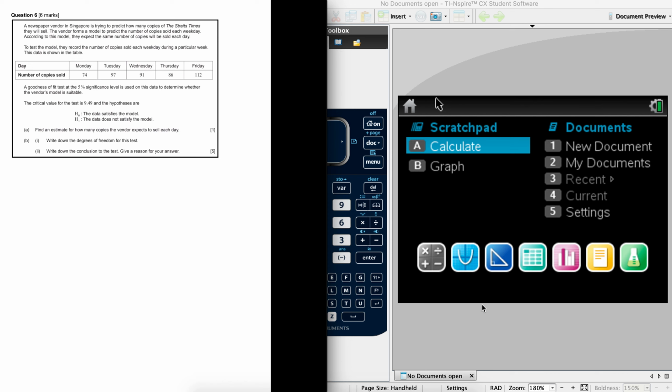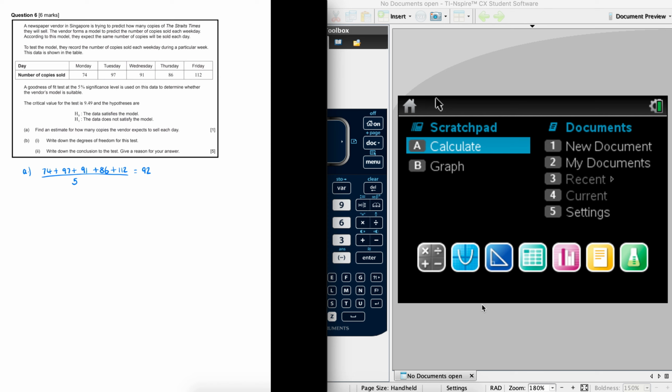I add together 74 plus 97 plus 91 plus 86 plus 112, and divide all of that by the 5 things that I've got. That tells me I'm expecting 92 each day.